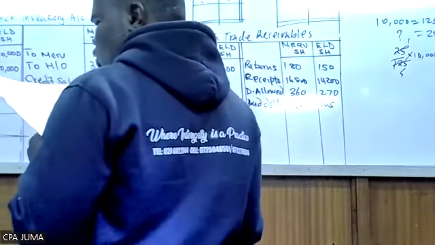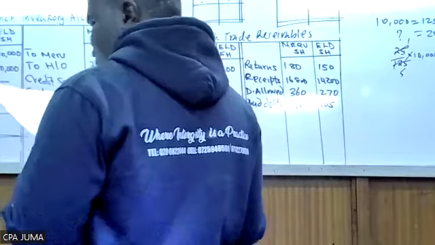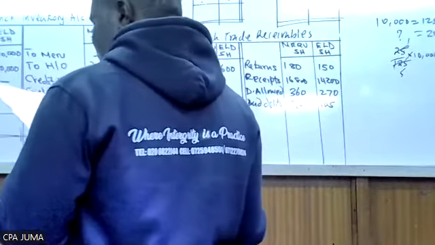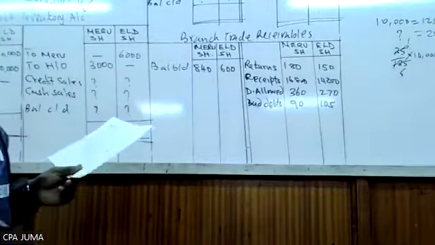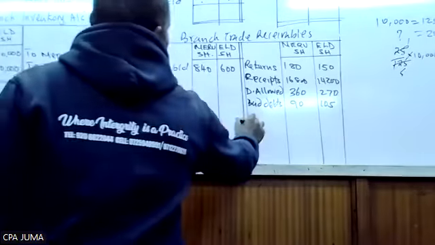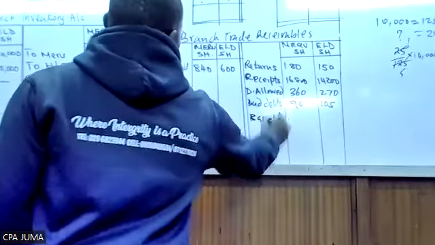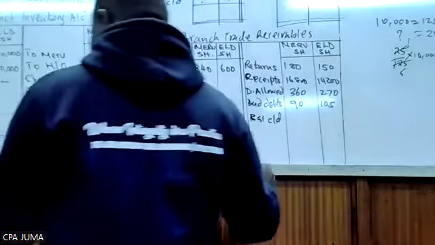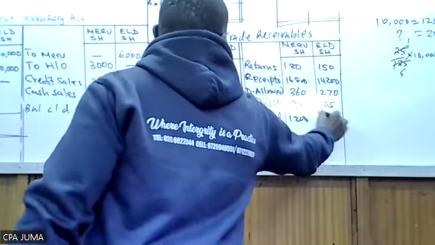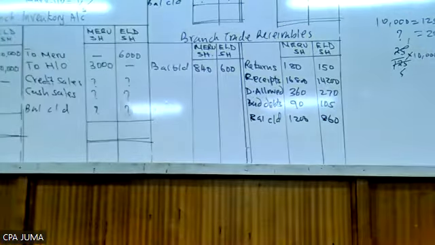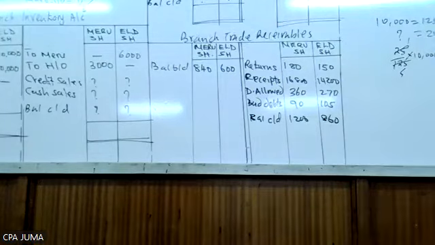Cash remittance, no. Expenses, no. Cash, no. Debtors, no. We have been given debtors at the end. Are you seeing that? So balance carried down 12,860.